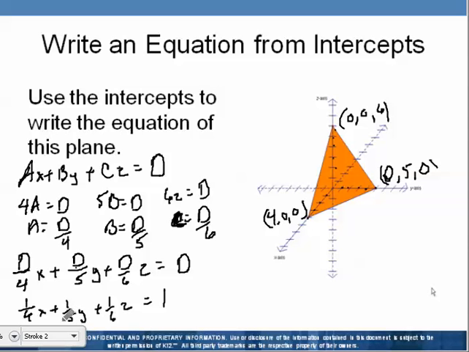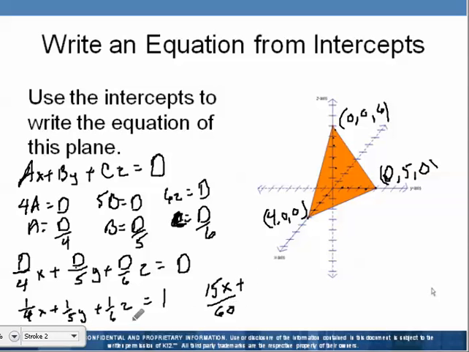I'm going to choose 60. What do I have to multiply 4 times to get 60? That'd be 15. 15 times 4, 60. So that would be 15x over 60.